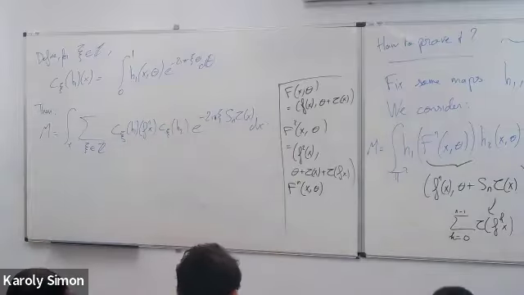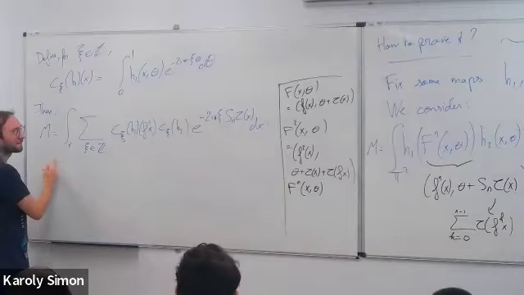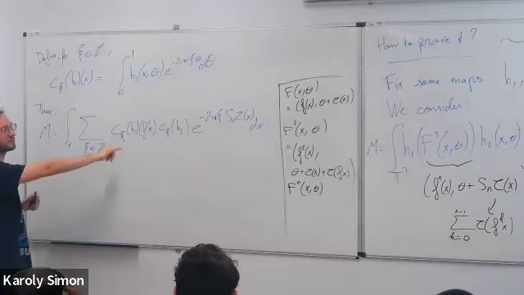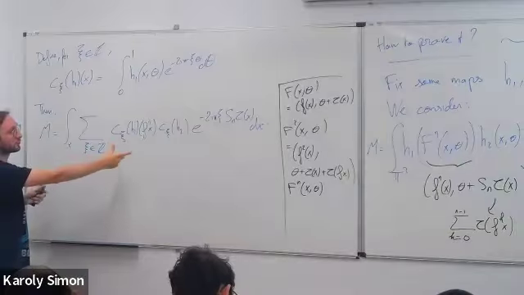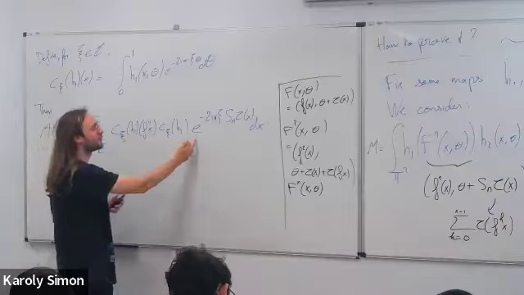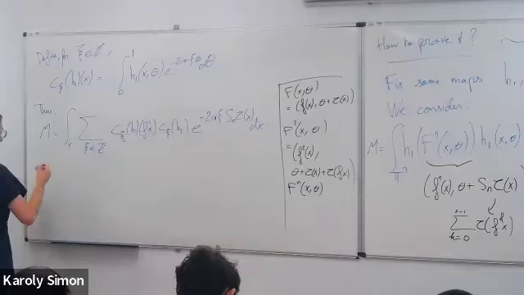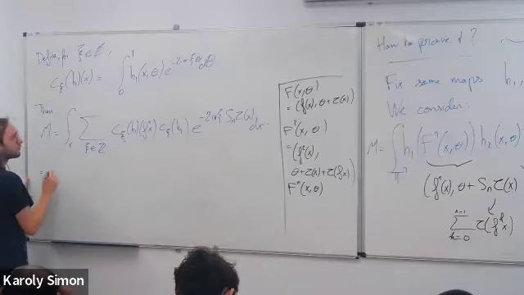And now you can put the psi outside. And then you see that you have something that looks very much like the quantity that we used for exponential mixing just for the doubling map. But we just have a supplementary twist that we need to take care of. So I'm going to put the sum outside.